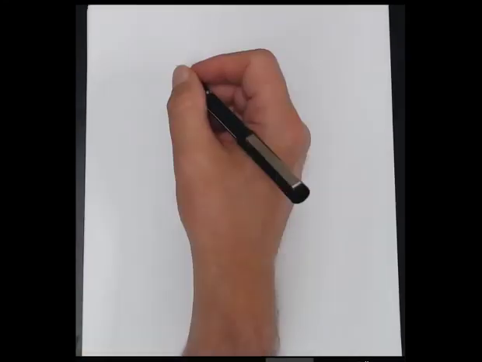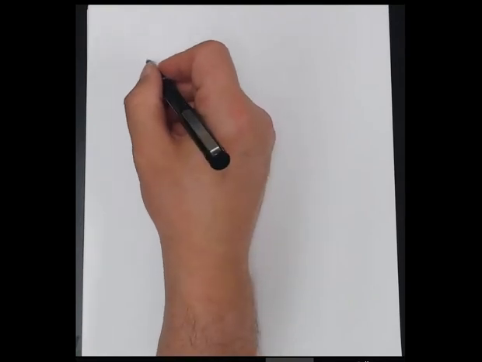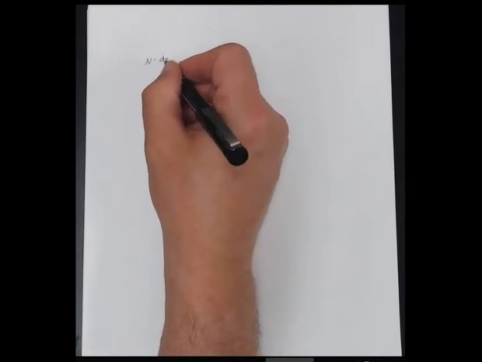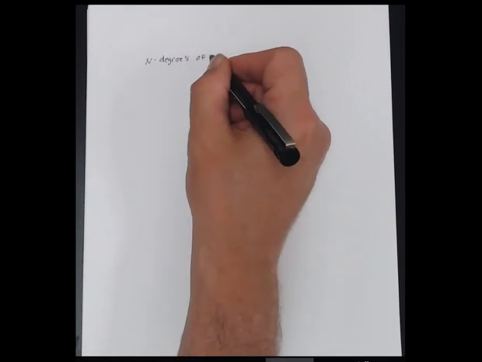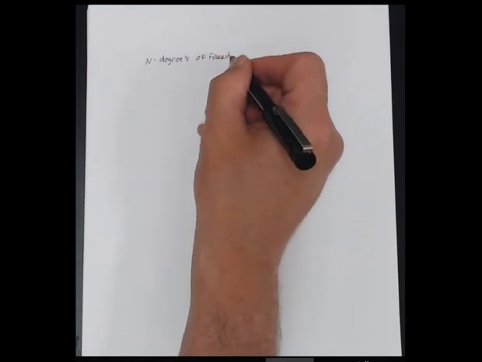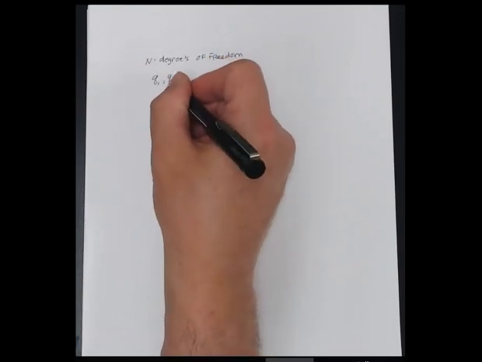So here is a little summary now. We know that if we have n degrees of freedom for a system, we're going to have n generalized coordinates.